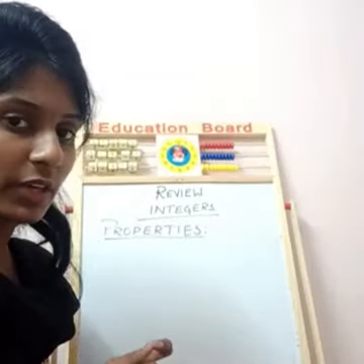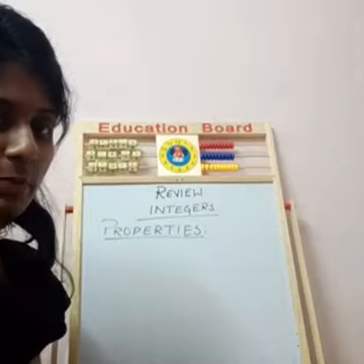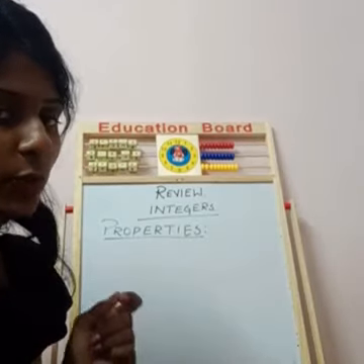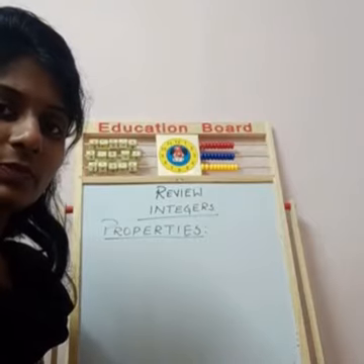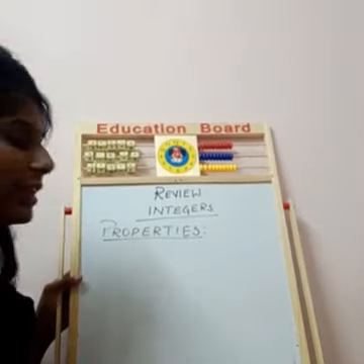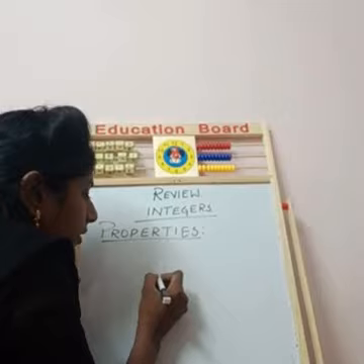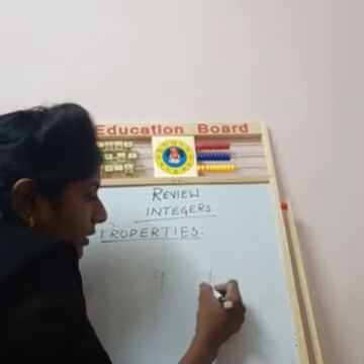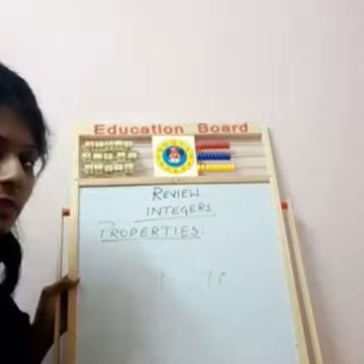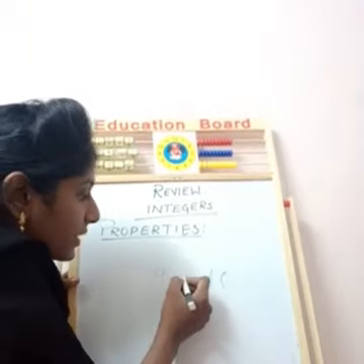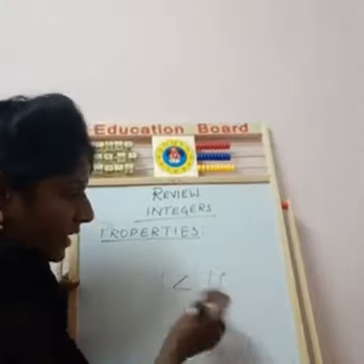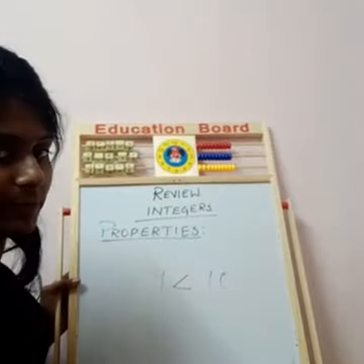If you want to compare two negative numbers, which one is bigger and which one is smaller? Let's see: 9 and 10. Which one is smaller? 9 is less than 10. It's very clear.